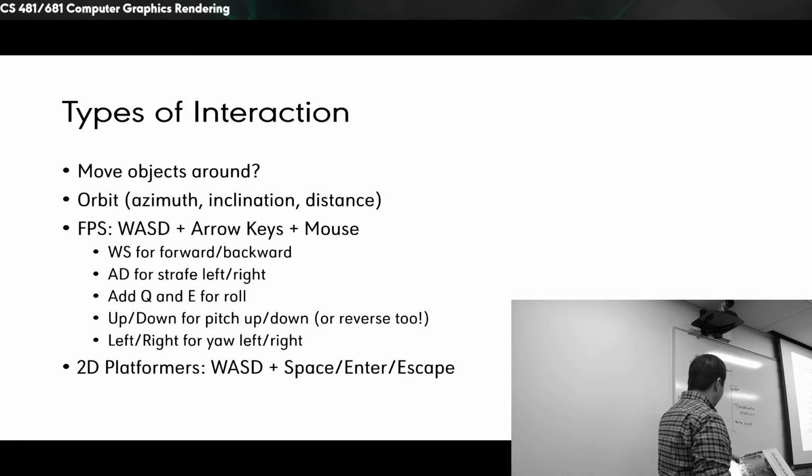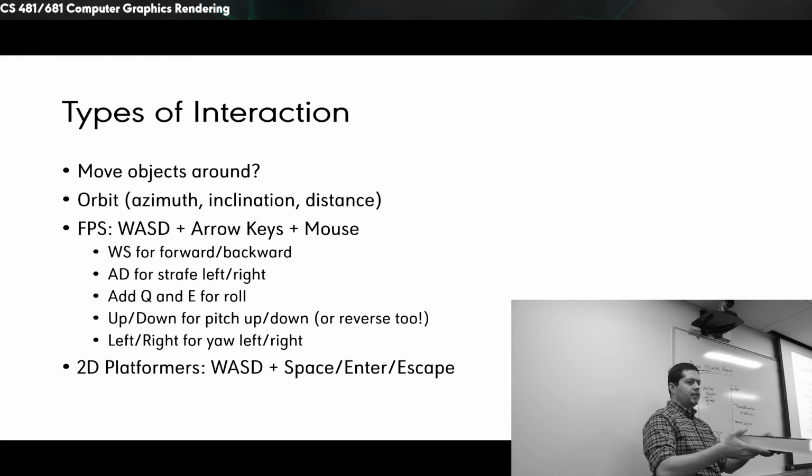That can be a problem. So sometimes the orbit, where you just say, well, I'm going to use the left-right drag operation to change the azimuth. In other words, how far is it rotated this way? And then change the inclination, okay? And then how far am I zoomed in or zoomed out?